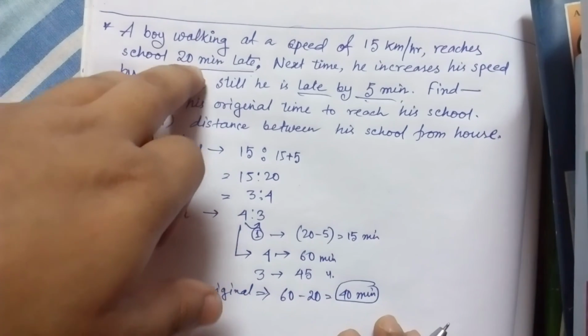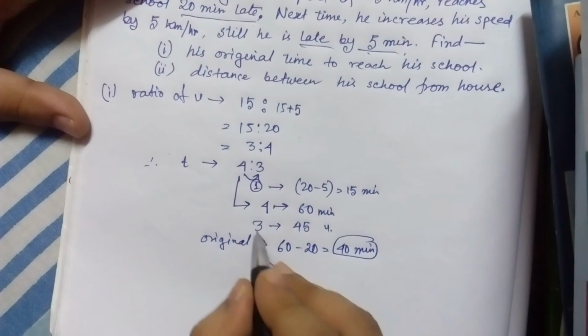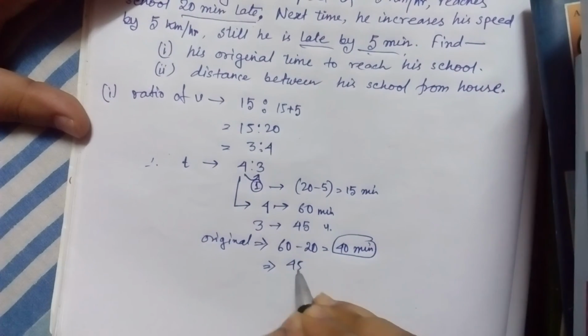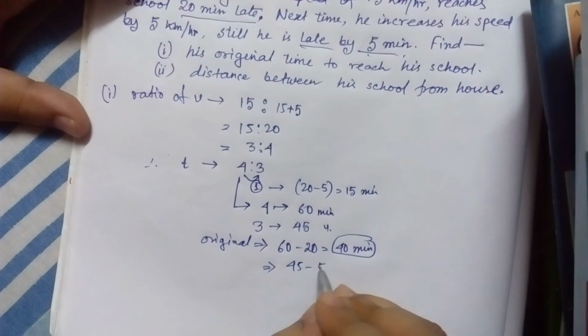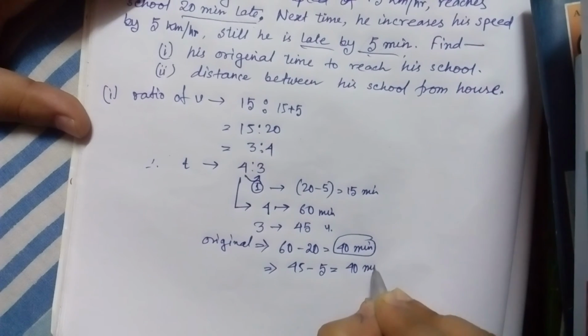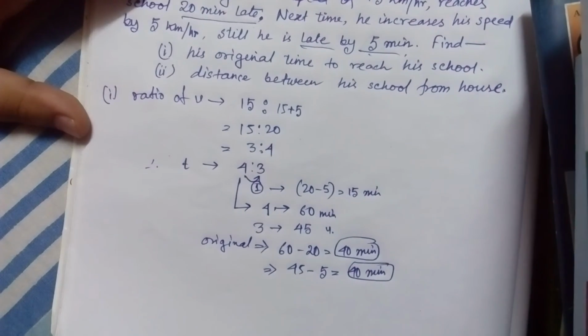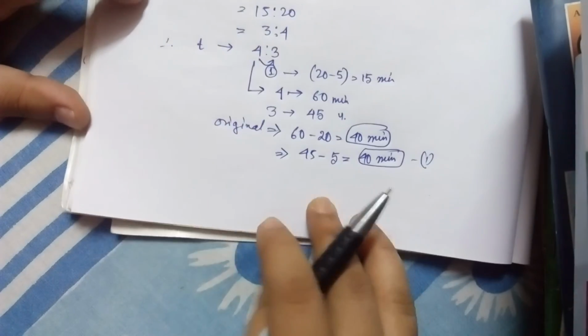Or alternatively, taking the 45 minutes, he was late by 5 minutes. So we subtract 5 from 45 and it gives the same answer in both cases, 40 minutes. So the answer to the first part is here.